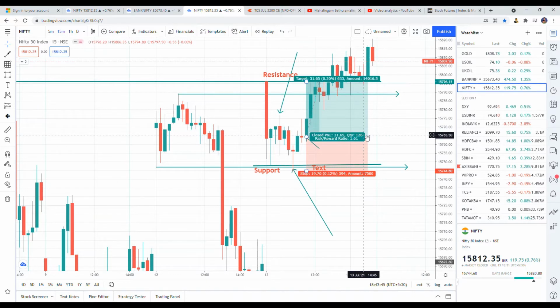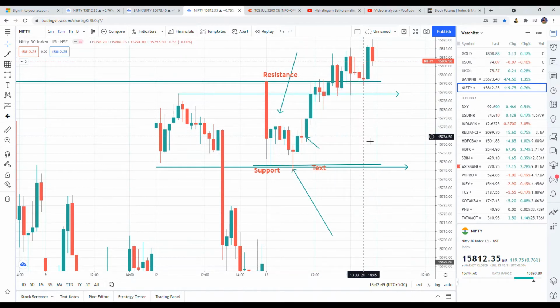You can follow this simple strategy in any stocks, any indices. The same NACD chart, initial 30 minutes trade high and low, you can check in the previous day too. See, this is your previous day's initial 30 minutes trade low and initial 30 minutes trade high. Check here.